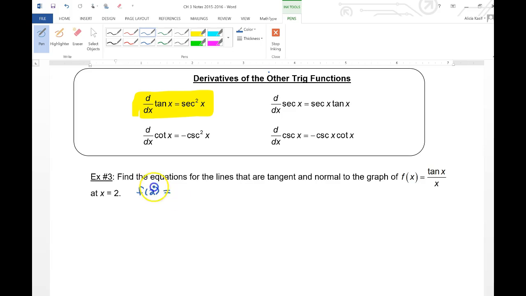Oh, radians. Why radians? Because it's tan. Negative 1.092.